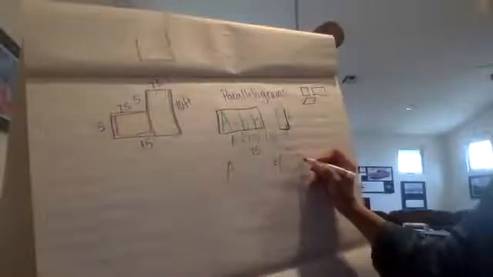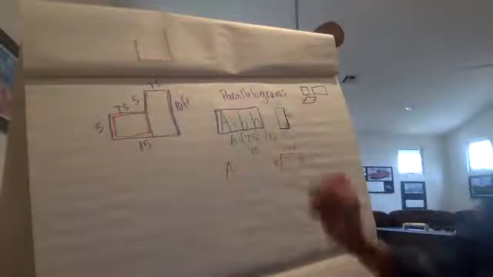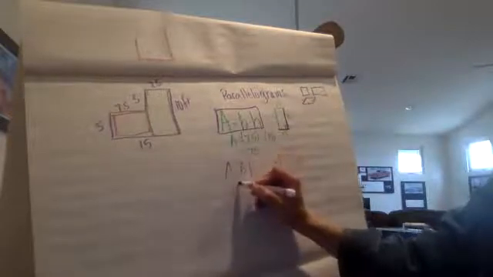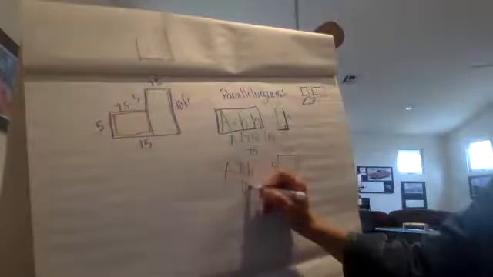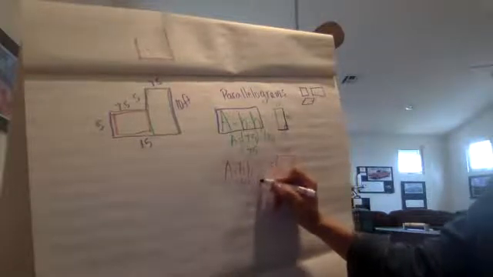Again, if it's here, it's here, right? Opposite sides are the same measure. That's what makes it a parallelogram. Area then is base times height. I just have a different base. The base this time is 7.5 or 7 5/10, and the height is 5. So 7 5/10 times 5.